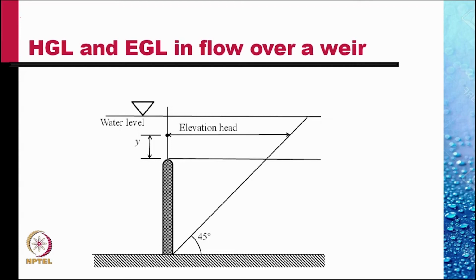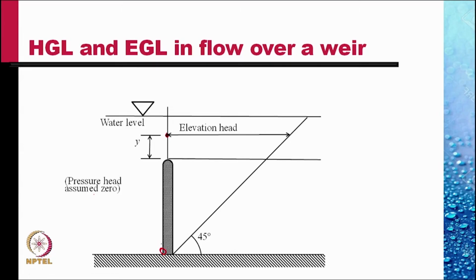At any height y above the crest of the weir, the arrow here shows the elevation head. Since this line is 45 degrees, this horizontal line marked elevation head is exactly equal to the height of this point above the base.